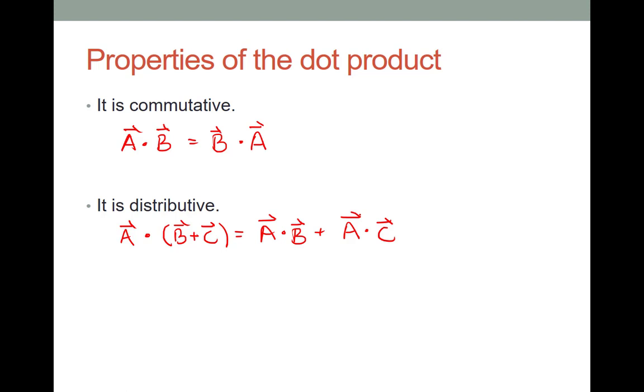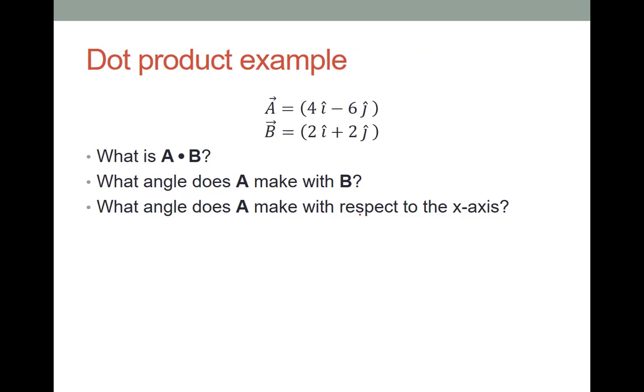Before we finish, I would like to work an example with you. So here I have a vector A, which is 4 i-hat minus 6 j-hat, and the vector B, which is 2 i-hat plus 2 j-hat.